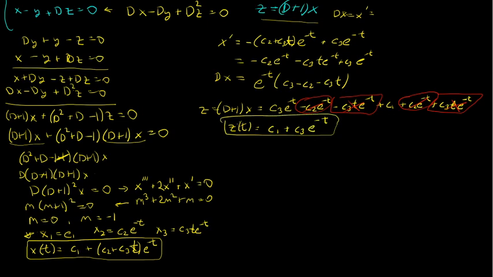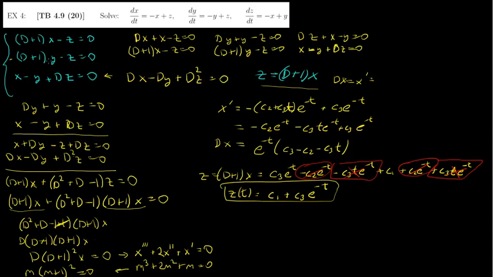Okay, so all that's left is to find y. And, well, I guess we can use either the first or the second one. Let's use the third one, sorry, the second or third one. The third one is y equals x plus dz. Okay, so we already have z. I think we can get dz pretty easily because dz is just the derivative of z, which is 0, and then minus c3 e to the negative t.